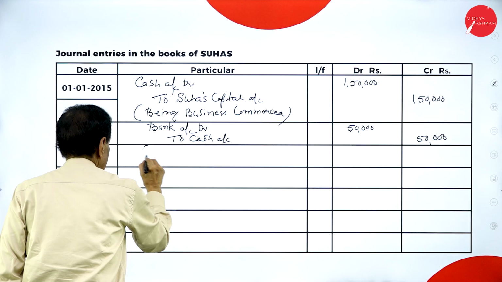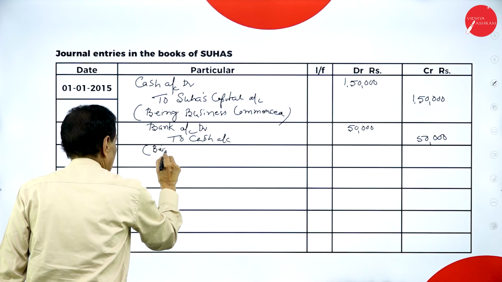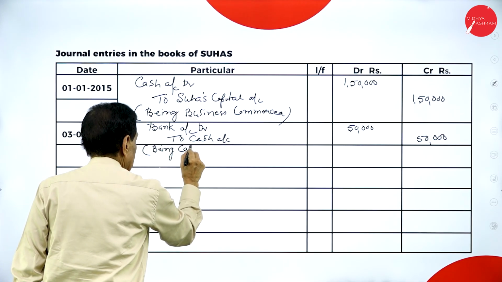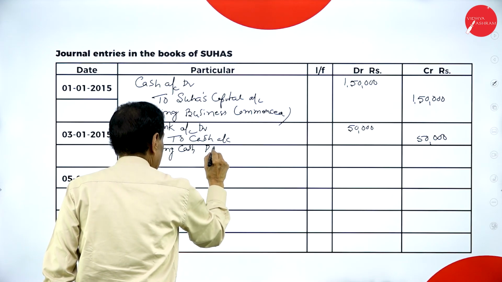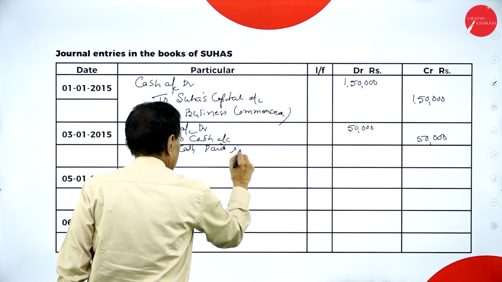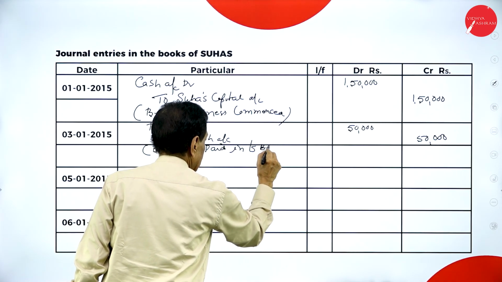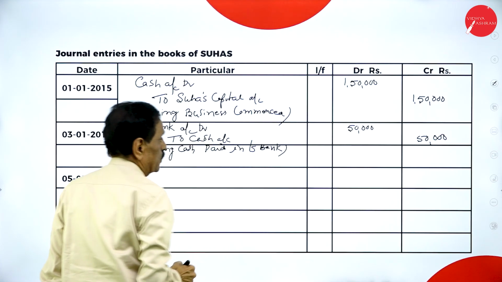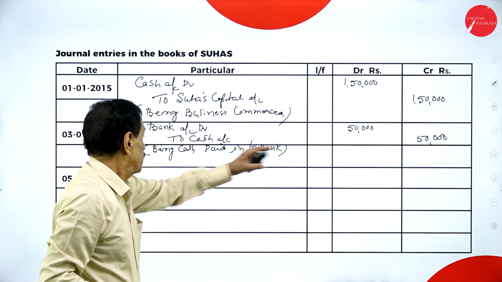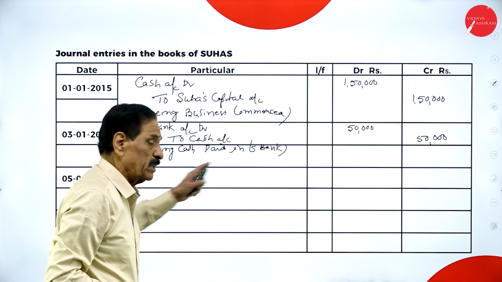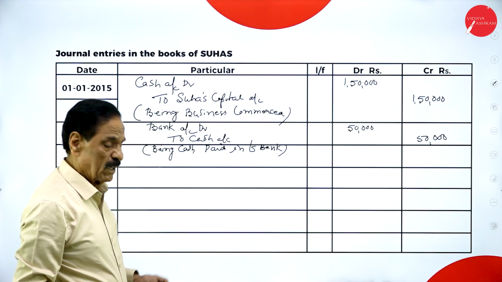Being cash paid into bank. So who is the receiver? Banker is the receiver. Bank account debtor to cash account.